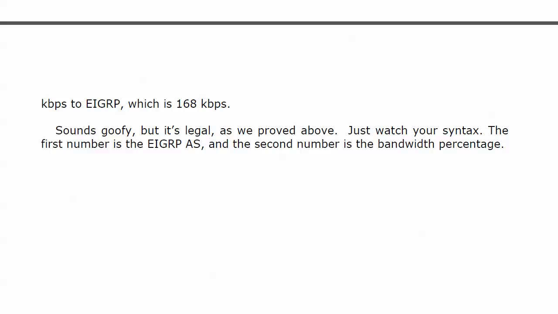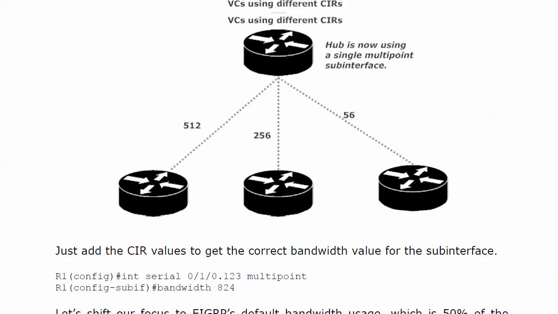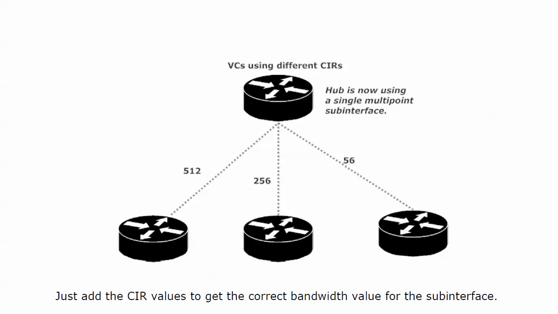It sounds a little goofy, but I've actually used that command myself in a production network. It worked really well. You just have to watch your syntax, my friends, because the first number is the EIGRP AS and the second number is the bandwidth percentage. So some good stuff here and some good real-world scenarios.